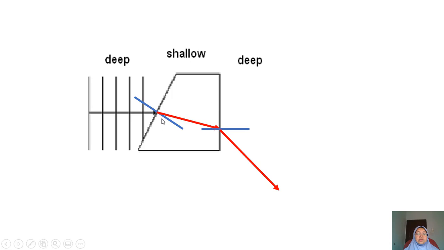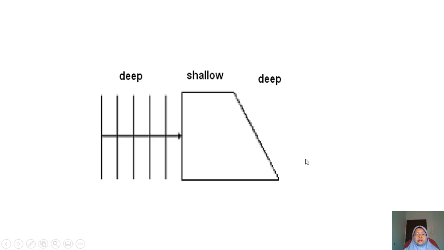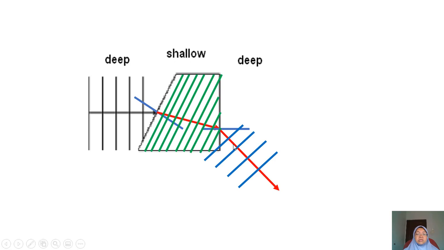Next we draw the wavefronts, which are perpendicular to the direction of propagation, with smaller lambda in the shallow region, and in the deep region they are perpendicular to the direction and longer.